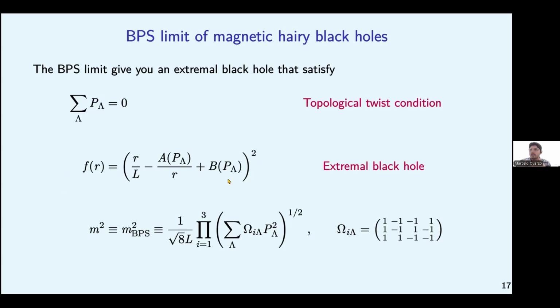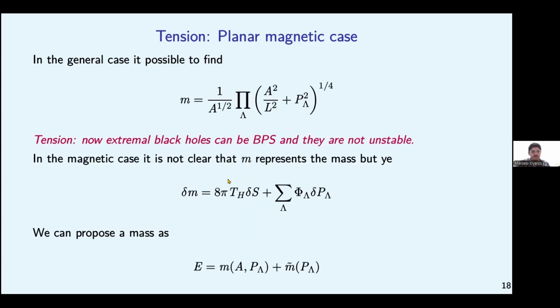Indeed, this is kind of what Cacciatore and Klemm found. Okay, so now there is a tension here. There is a tension because the BPS limit is extremal, and it is the BPS configuration. But we have shown in a very similar configuration, but electric, that those configurations are unstable. No?